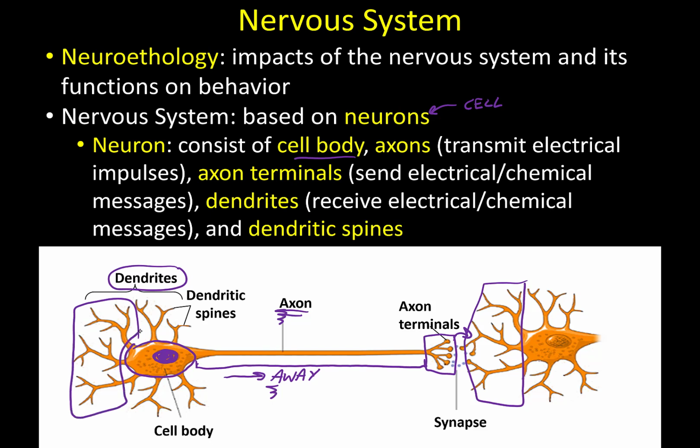Dendrites receive these electrochemical messages. Dendritic spines are these little spines on the ends that increase the surface area of the dendrites. The gap between two neurons is called a synapse. It's this empty space, but we'll talk about that more in a moment.